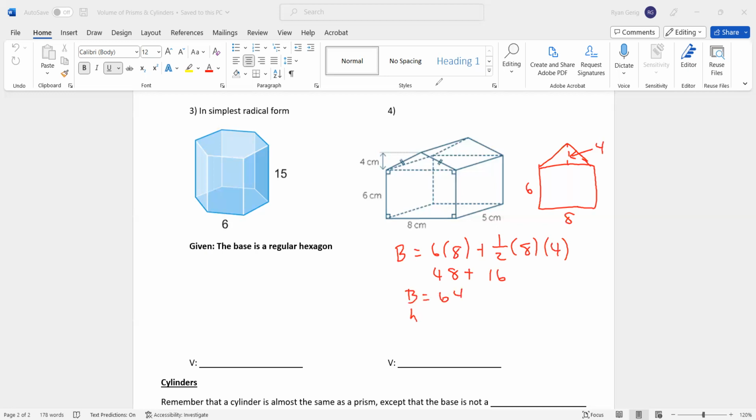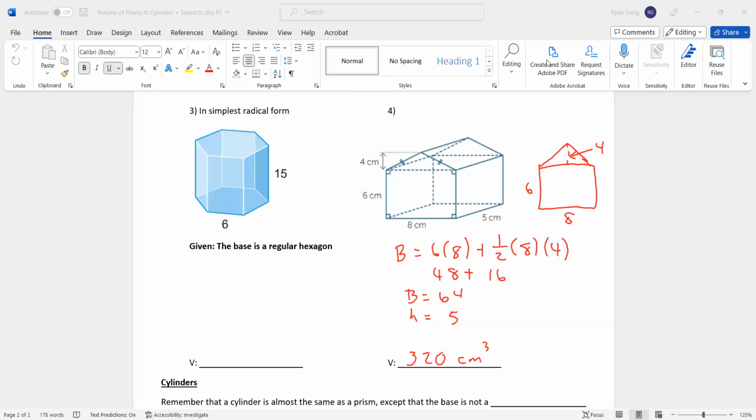Then I just have to multiply that by the height, which is 5. 64 times 5 is 320 centimeters cubed. Okay. Don't freak out with those. Look at your base and then find the area of that base, which is a rectangle and a triangle.